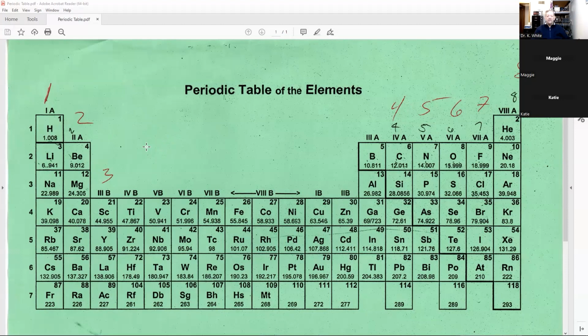And as we go across to, say, oxygen, this way, it's more electronegative, going this way from left to right, from, say, lithium to fluorine, it becomes more electronegative. The element is stronger at being able to hold on to or share electrons in a covalent bond.